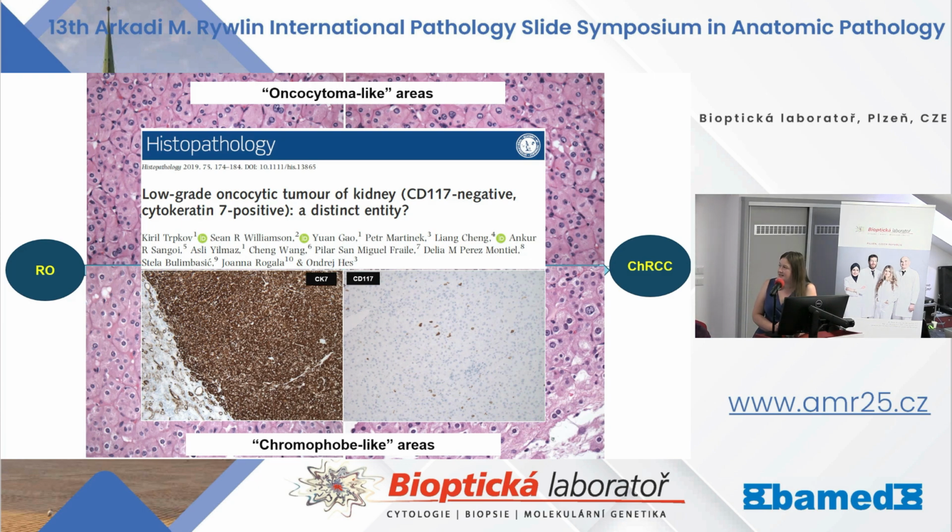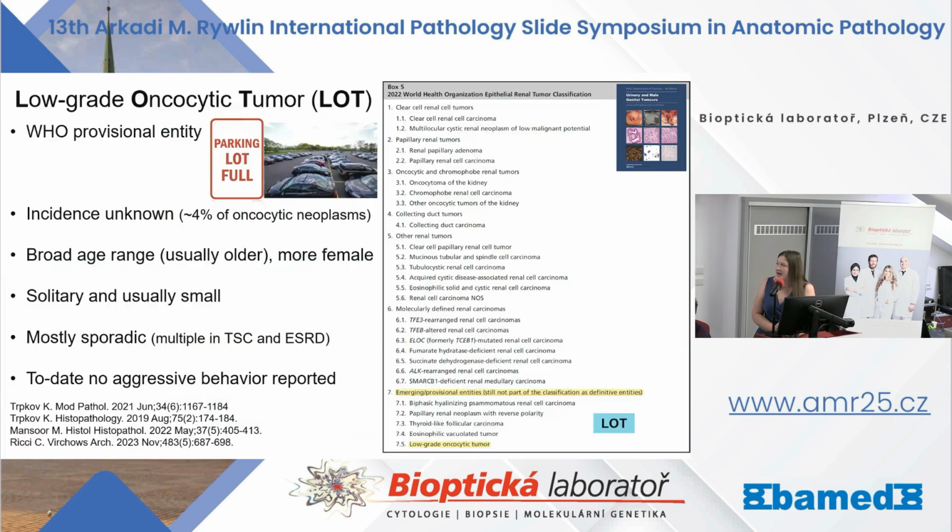And after staining and morphologic analysis, they were able to present these cases as an entity, which typically has diffuse CK7 positivity and CD117 negativity, and they called these tumors low-grade oncocytic tumor of the kidney.